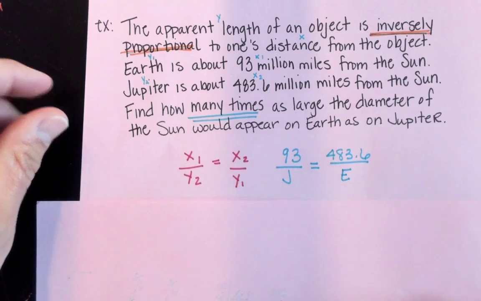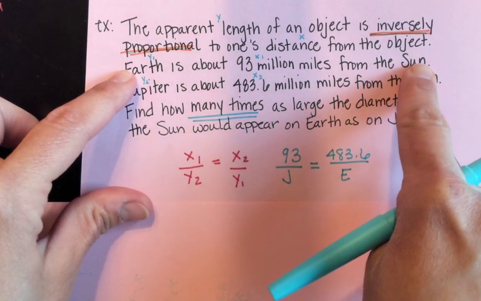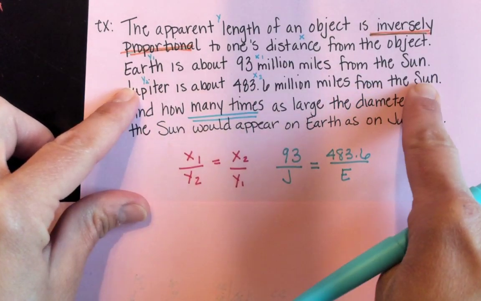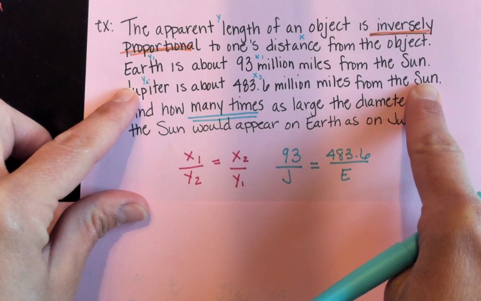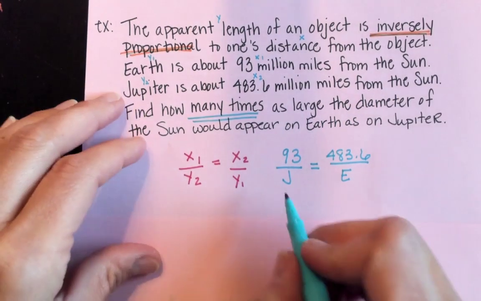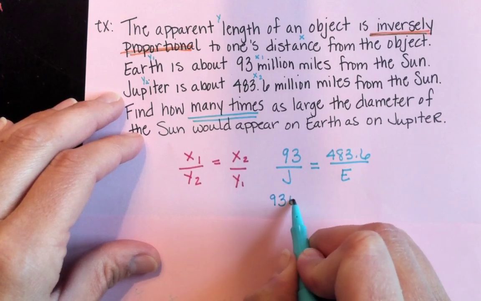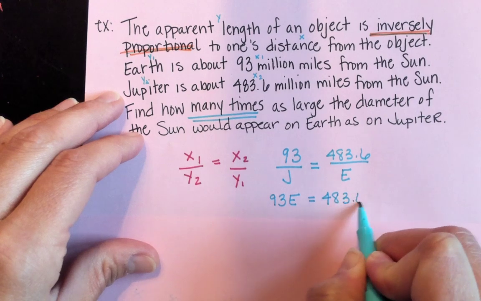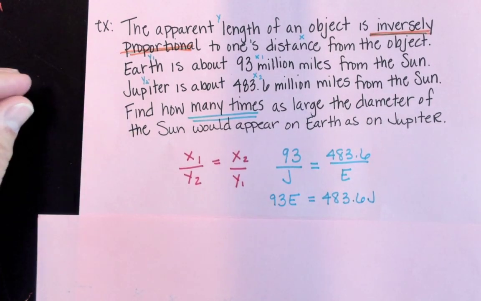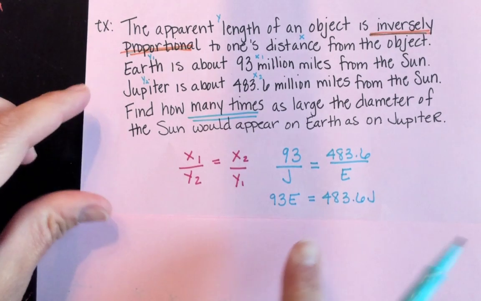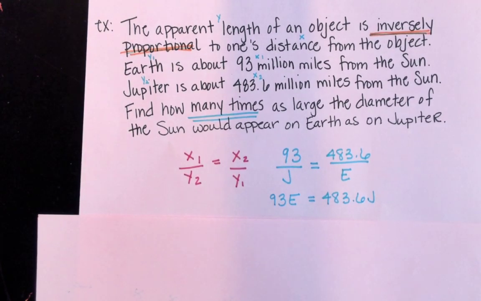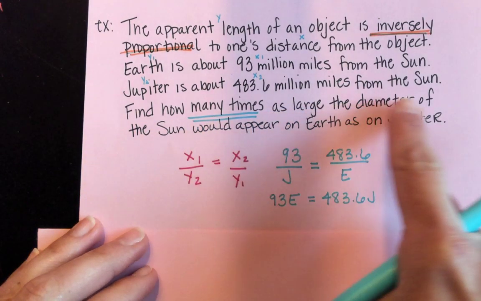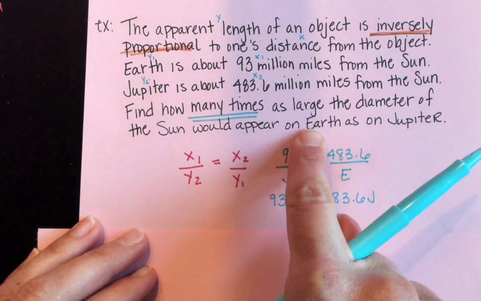So again, from Earth, the diameter of the sun has a certain look. From Jupiter, the diameter of the sun has a certain appearance. Then I'm going to cross multiply. So 93 times E equals 483.6 times J. Now we just have to figure out which way do we divide. Well, it says find how many times as large the diameter of the sun would appear on Earth as on Jupiter.